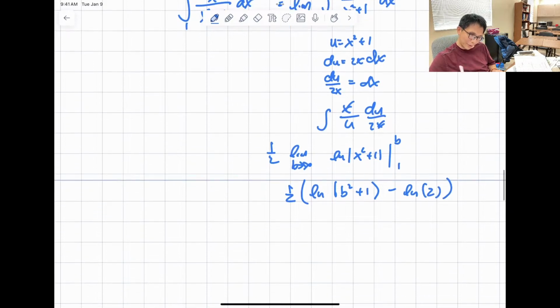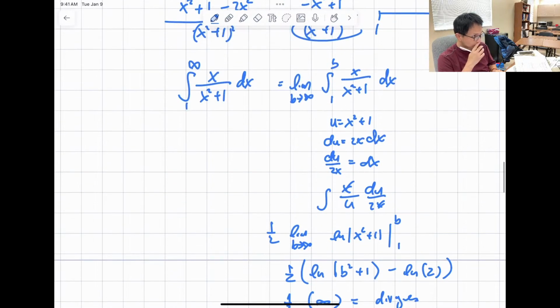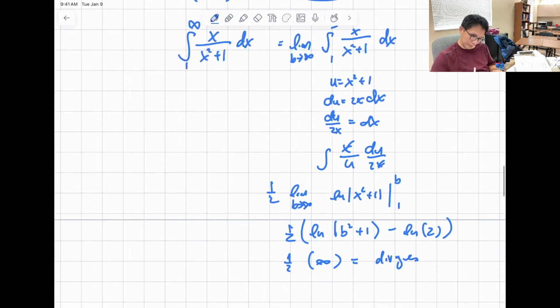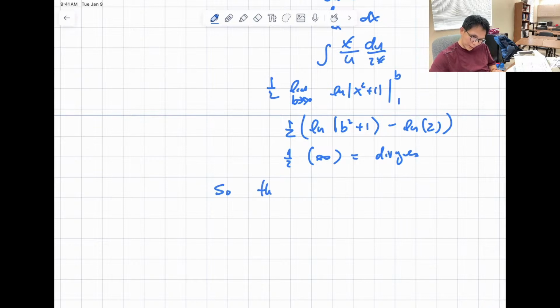Does ln of 2 matter? b squared is going to be infinite, so that's one half infinity, so it's going to diverge. So the series diverges because the integral test diverges.